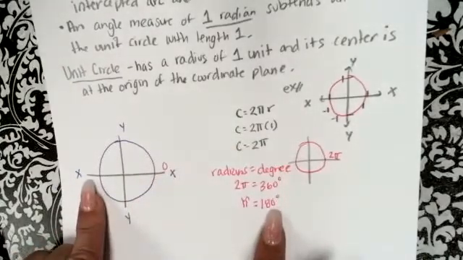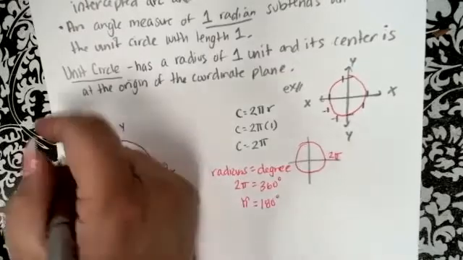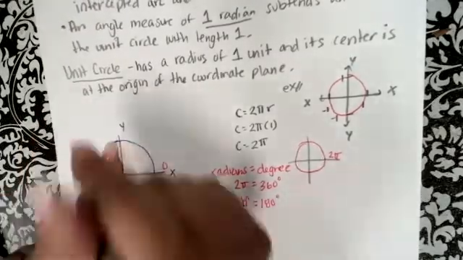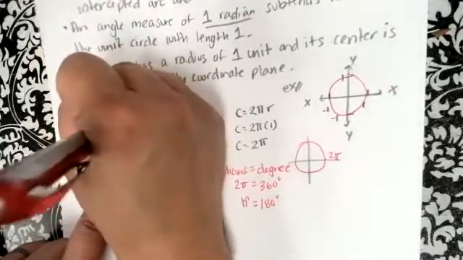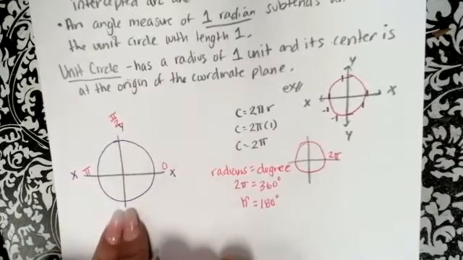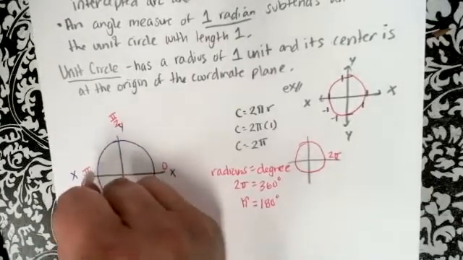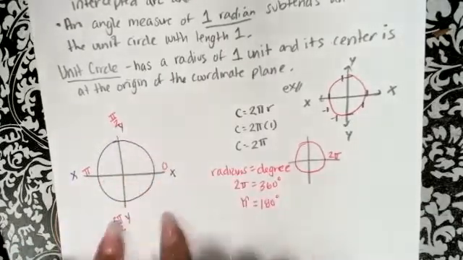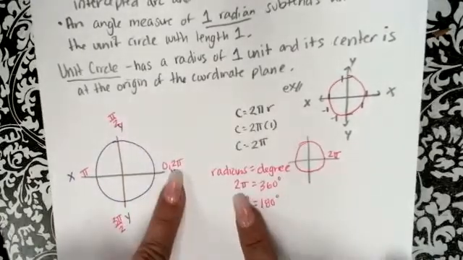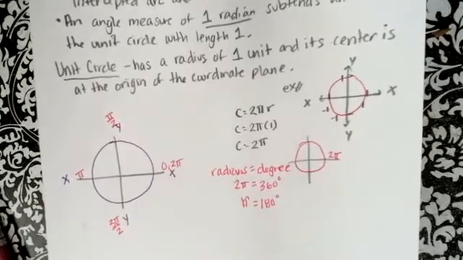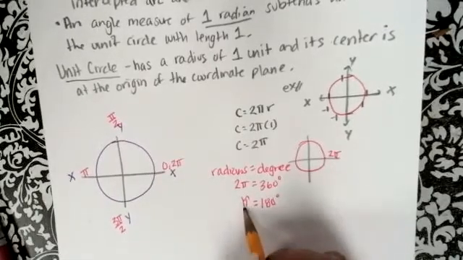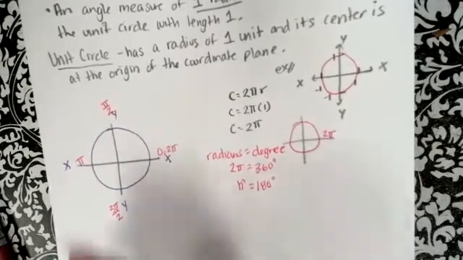Where 180 is at, which is right here, that's going to be pi. Well, if I take pi and divide it by 2, up here, that's going to be pi halves. Well, think about it. That's 1 pi halves, 2 pi halves, which reduces, 3 pi halves down here. And then 4 pi halves is just going to be the same as 2 pi. And we already knew that 2 pi was equal to 360. So this is basically the conversion factor that you're using. This is the radian measurement. This is the degree measurement.